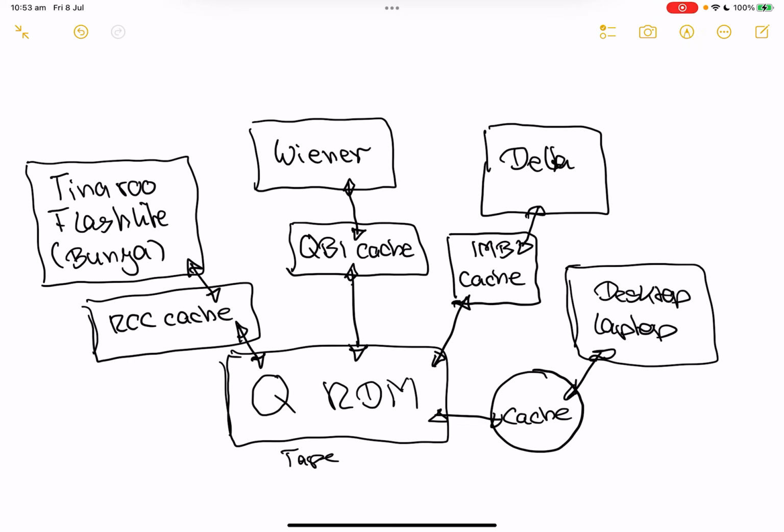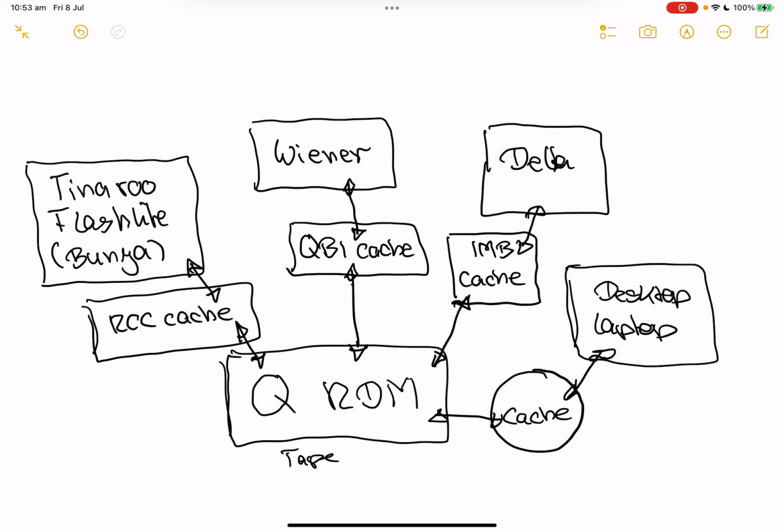And so this is why it is important that depending on where you are and where you're accessing your QRDM from, you're going through a different set of disks to move your data between your QRDM and where you are, basically, or a cluster facility or your desktop and your laptop.